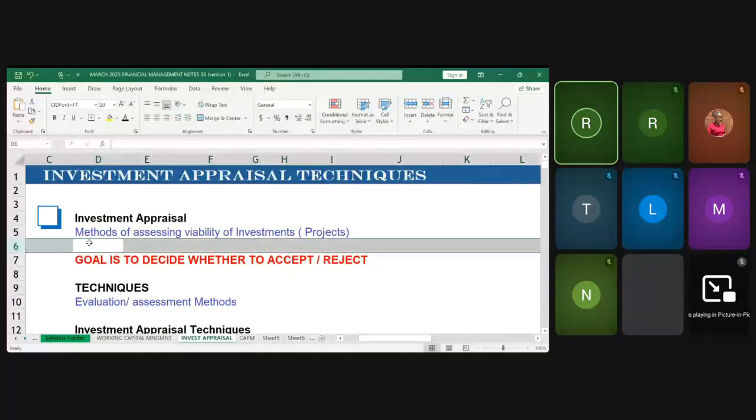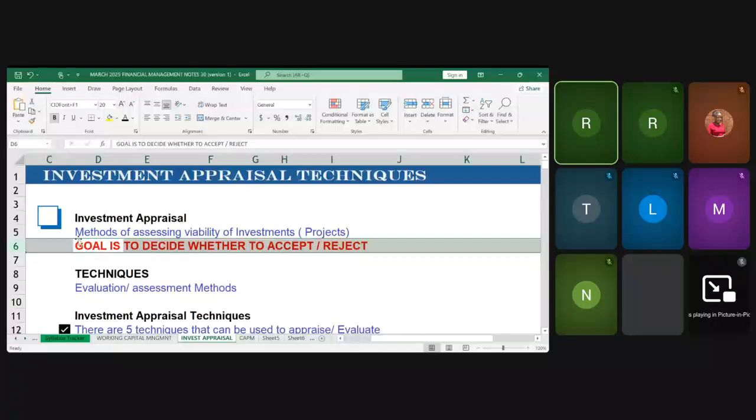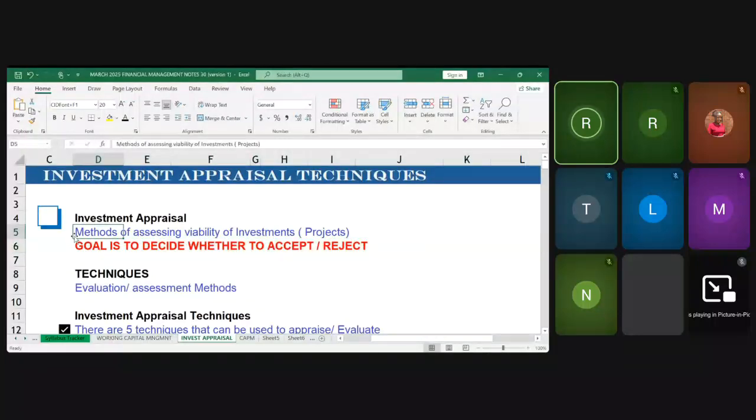So when we are assessing these projects, the end goal is to decide whether we should accept a project, or we should reject. All right, so the techniques are just evaluation or assessment methods.